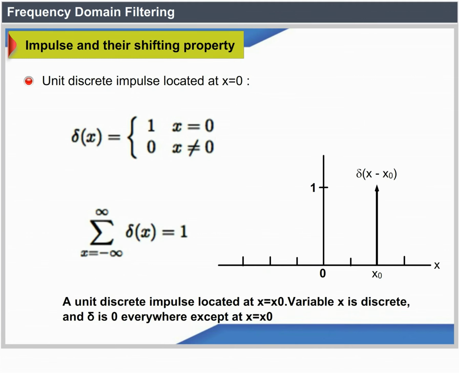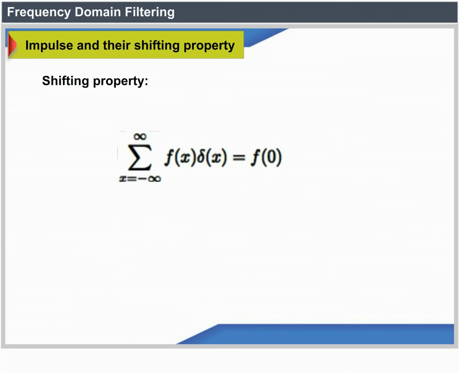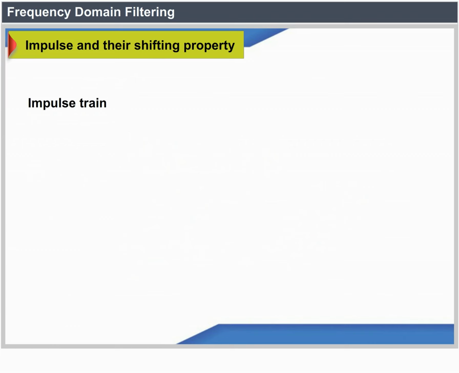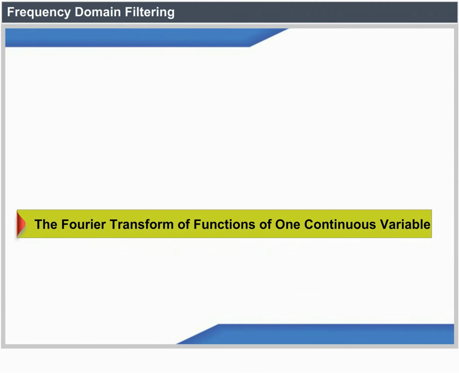The Fourier transform of functions of one continuous variable. Fourier transform of a continuous function f(t) of a continuous variable t is as shown on the screen. Inverse Fourier transform is also shown on screen. Example is as shown on the screen. Example 2.